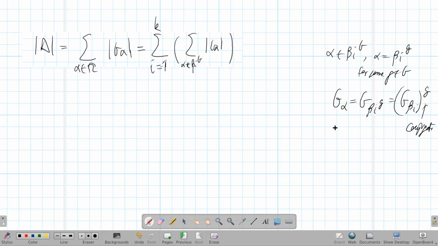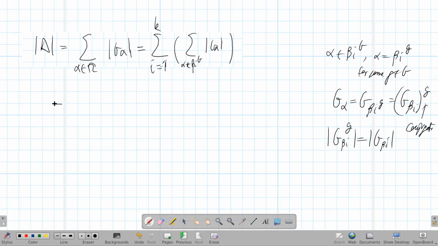And of course, since this is a conjugate, the order of the conjugate is nothing else than the order of G beta i, because conjugation is a bijection.